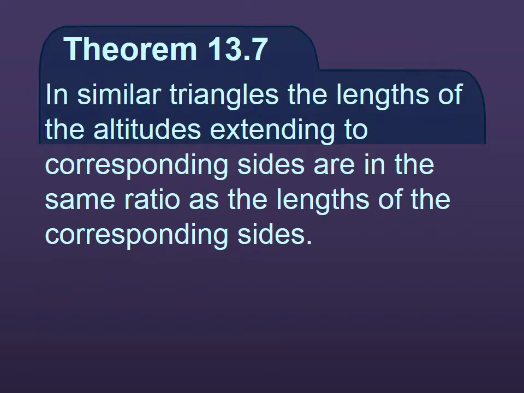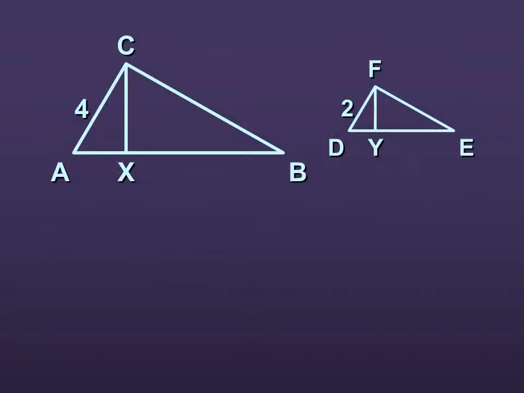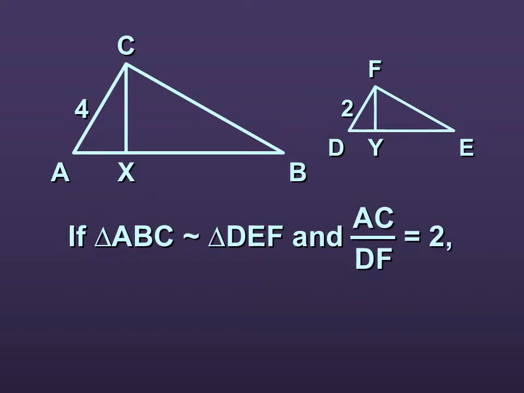So first theorem: in similar triangles, the lengths of the altitudes extending to corresponding sides are in the same ratio as the length of those sides. For example, here we have two altitudes, and these triangles are similar. Triangle ABC is similar to triangle DEF.